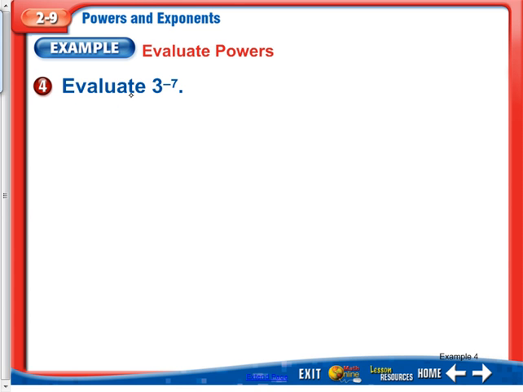All right, so it says evaluate 3 to the negative 7th power. So 3 to the negative 7th power is the same as saying 1 over 3 to the 7th power. Okay, so if you want, you can just go ahead and use your calculator to figure out what is 3 to the 7th power, and that's going to be 2,187, okay?